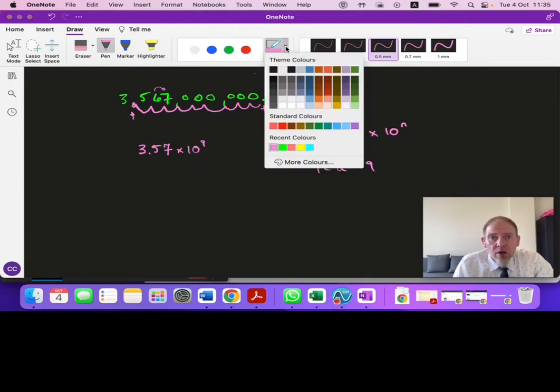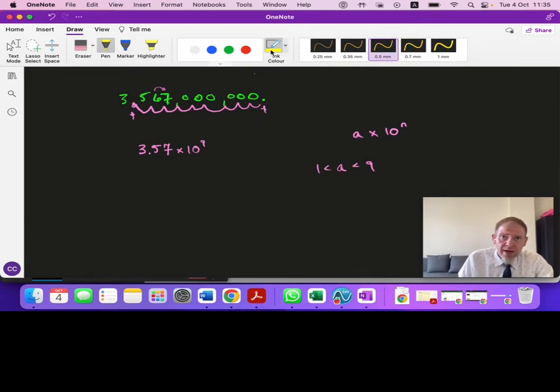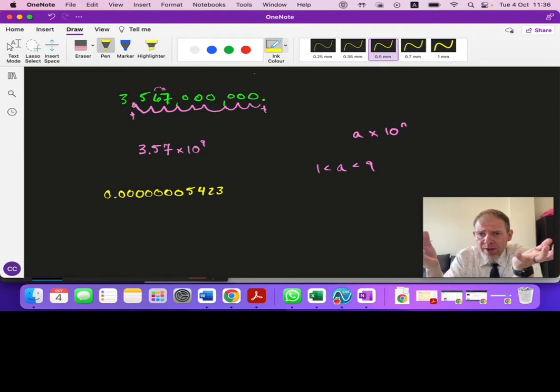Now, this also works, as I said before, the other way. If I had a number like 0.0000005423, a way that a number like that might come up would be through measurement. This is one of the reasons why we call it scientific notation.